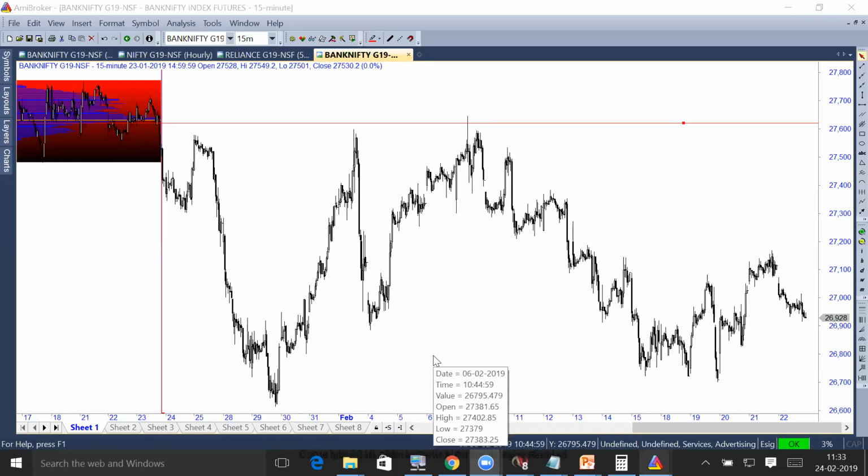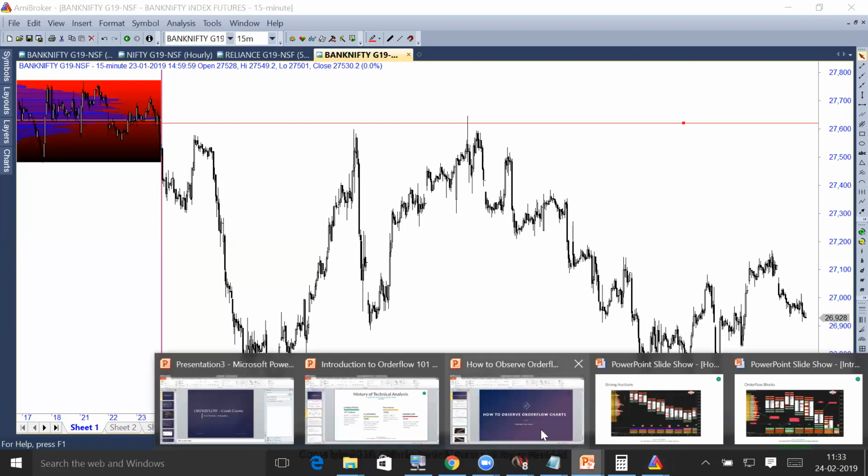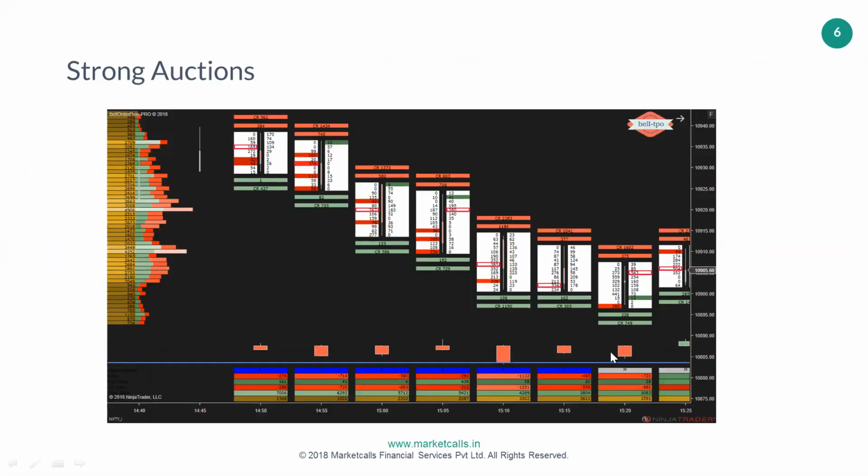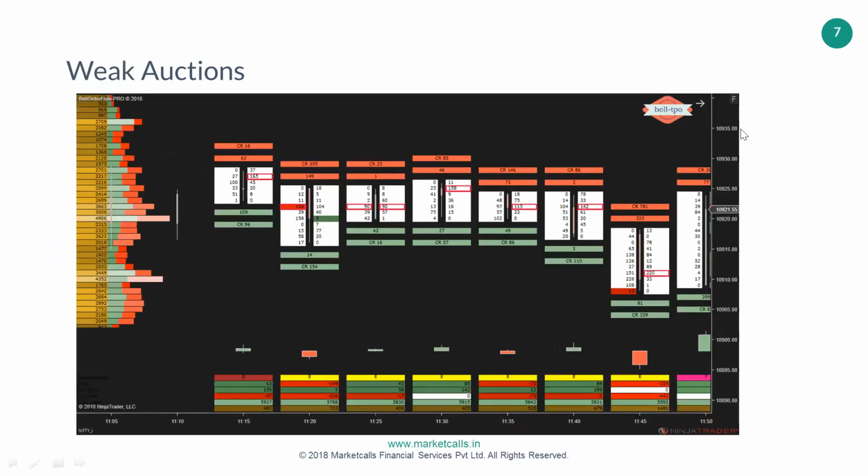Okay, so let's get back to the topic over here. We are discussing how to observe order flow charts. We looked at what a strong auction is all about, and here is a weaker auction, how a weaker auction looks. In a weaker auction, you'll see a lot of rotations and a lot of overlapping.